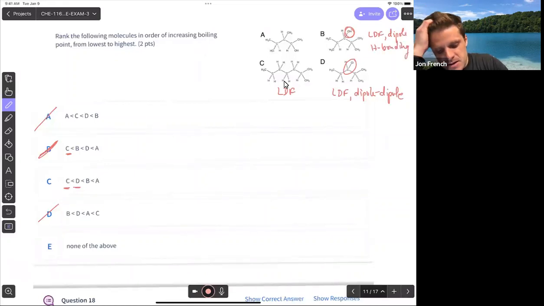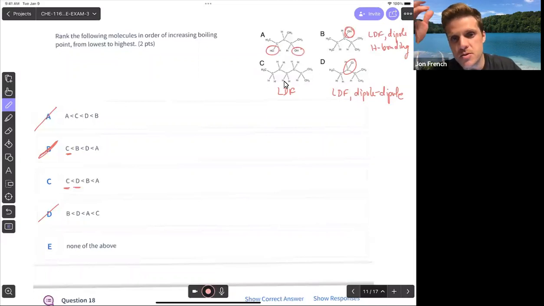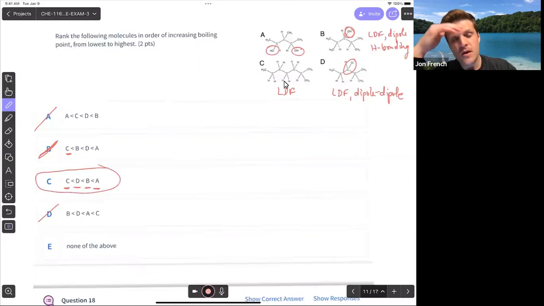And then when I get to molecule A, now I have two hydroxyl groups, even more hydrogen bonding, so the higher the boiling point will be. So overall, choice C. And again, this is that case where all the molecules are about the same size.